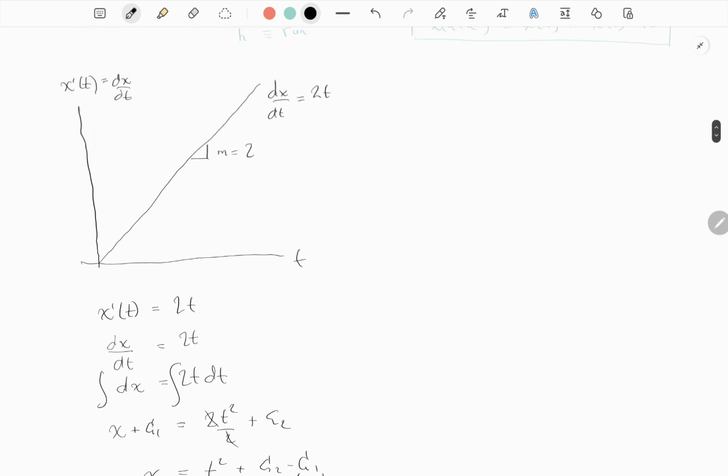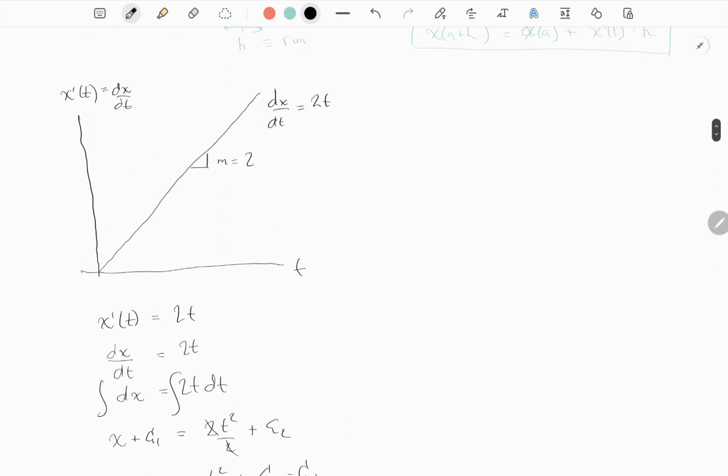Okay, so I'm going to draw the solution. This is the x prime. The exact solution is going to be this, x of t, against t. We're going to get some points on this curve.